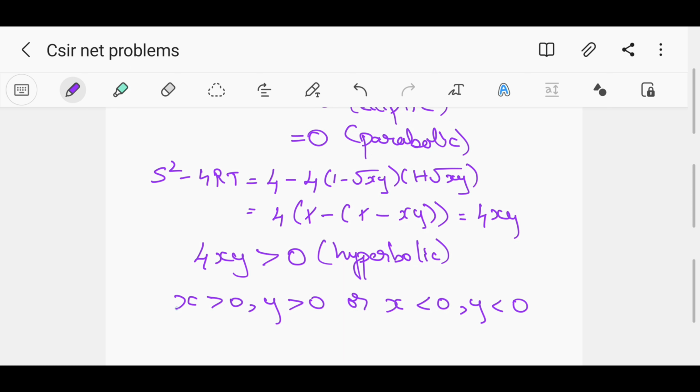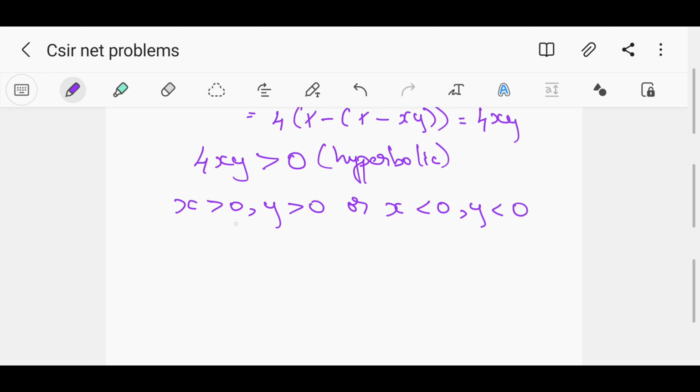If either of these two conditions is satisfied, then our differential equation will be hyperbolic. So x and y both are positive in the first quadrant and x and y both are negative in the third quadrant. This is one condition which we have found.